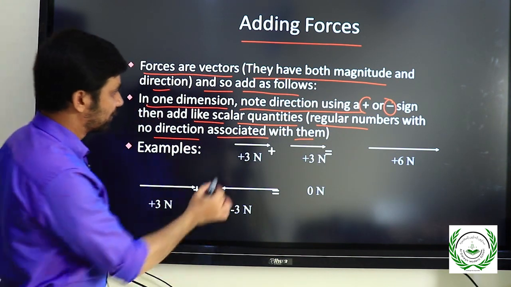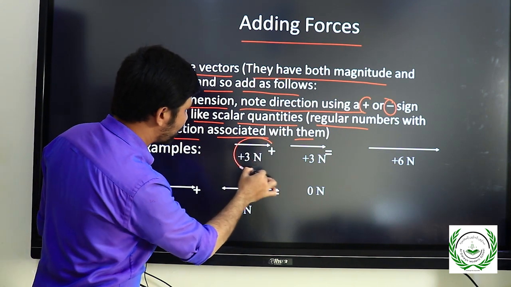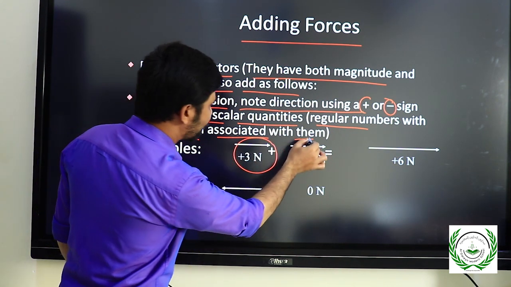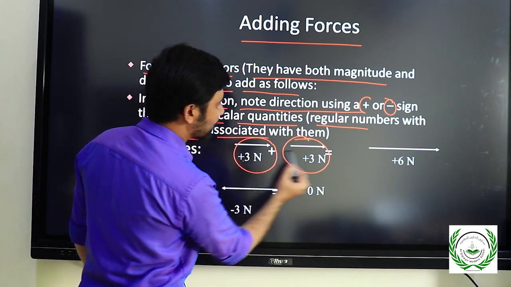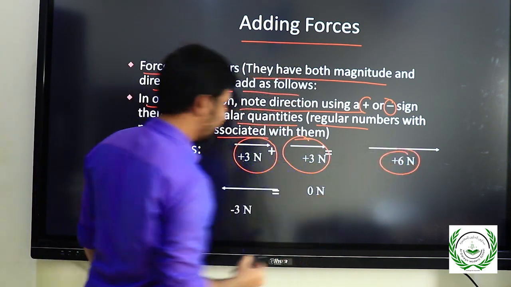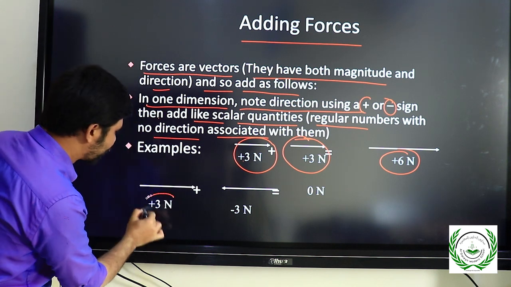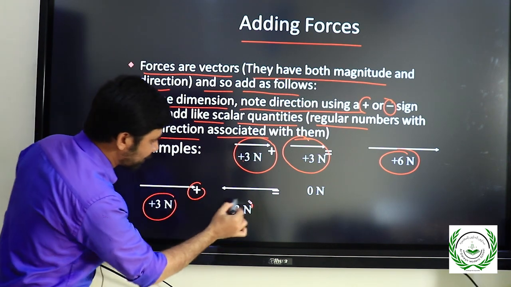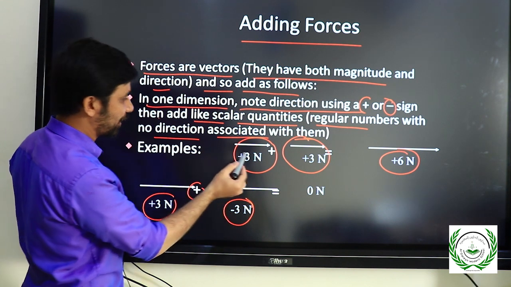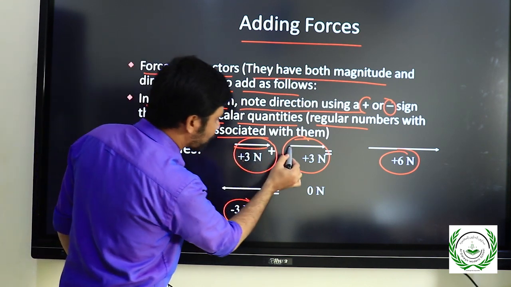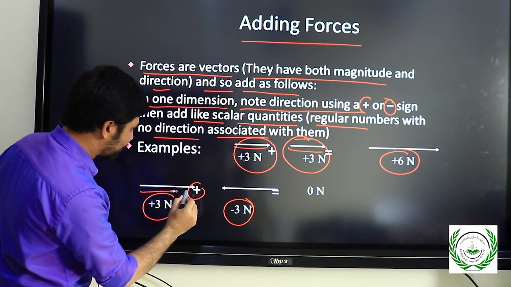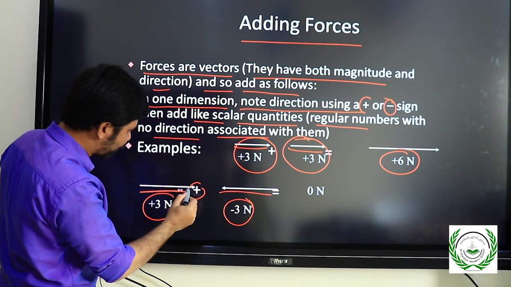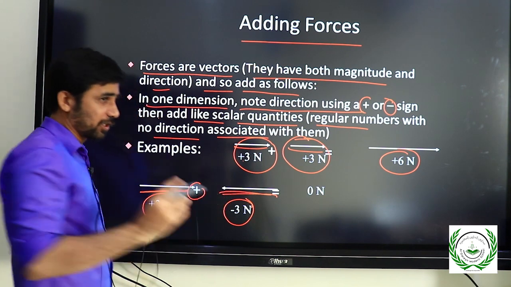For example, here we have a vector of 3 newtons plus and 3 newtons plus. So how many in total? We add to get 6 newtons, right? Now 3 newtons plus and minus 3 newtons means opposite. See here, the vector directions, both are this side, but here one is in this direction and the other in that direction.